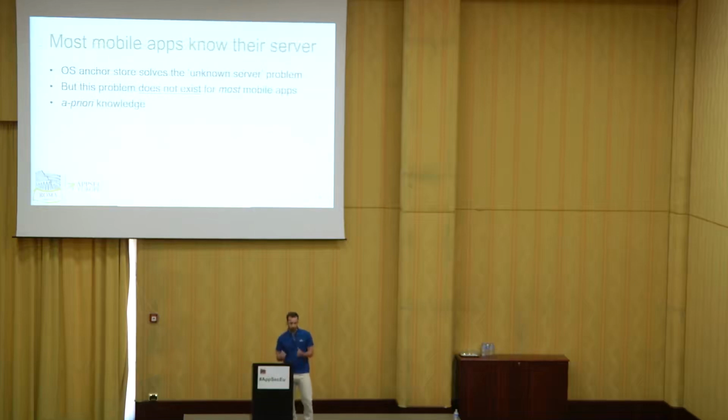However, in this talk we are going to focus mostly on mobile applications, because that's where we see certificate pinning used most of the time. Mobile applications have this special property where they know their endpoints in advance. Most mobile applications communicate with 1 or 2 or 3 REST endpoints. The developers know what endpoints they are.